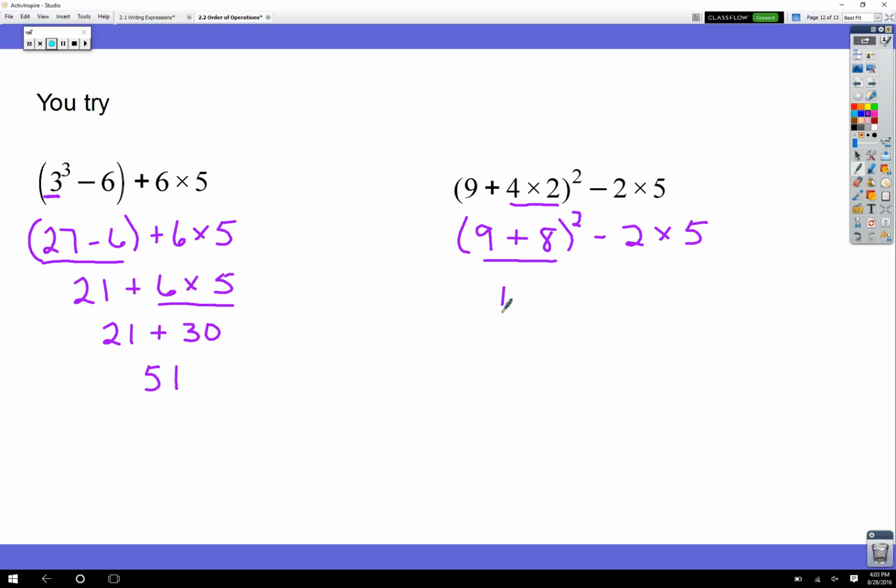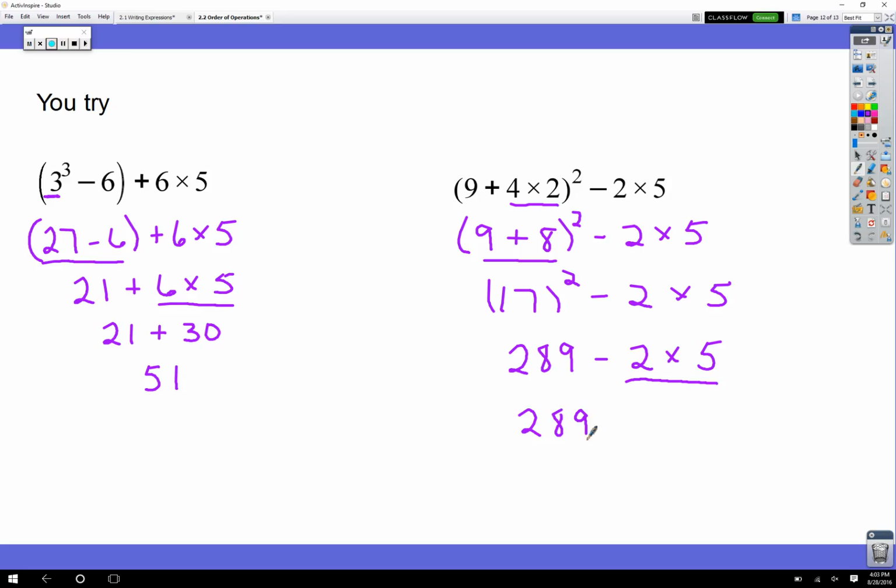I have 9 plus 8 is 17 squared minus 2 times 5. 17 times 17 is 289 minus 2 times 5. Now I'm going to do my multiplication. So 289 minus 10 is 279.